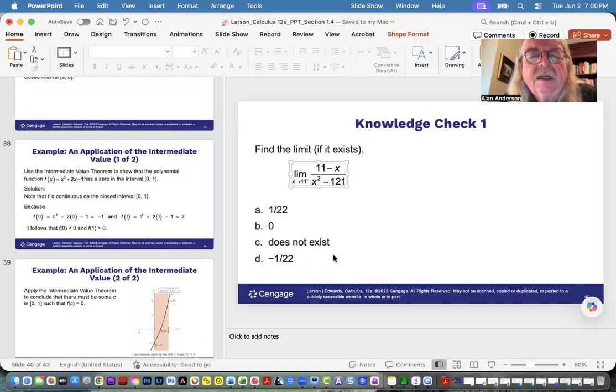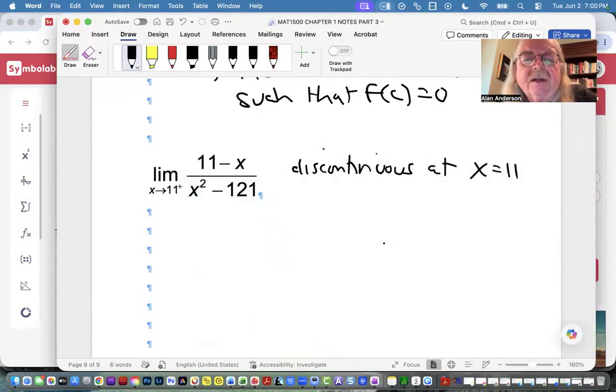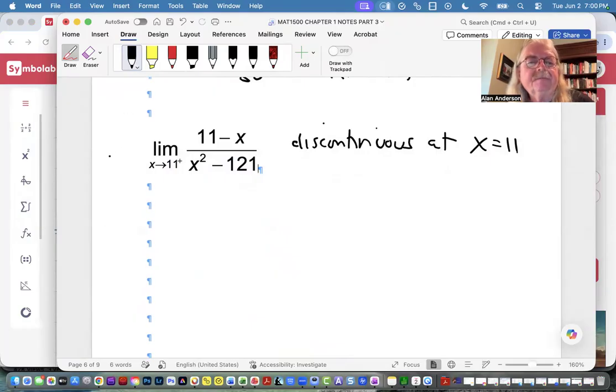Remember that theorem we had, which tells us that if two functions are identical at every point except one, the limit at that point is going to be the same for both of them. So what we can do here is this.